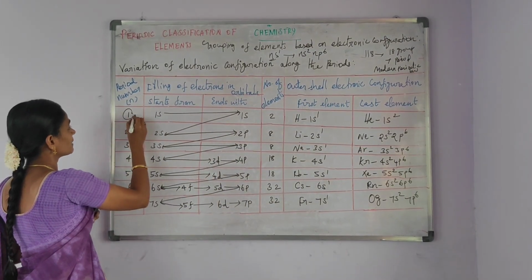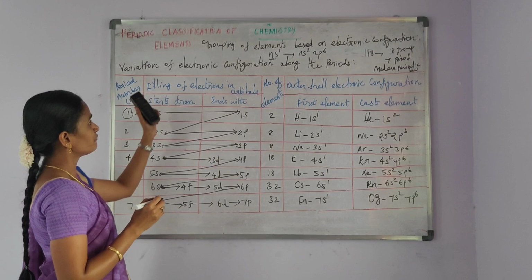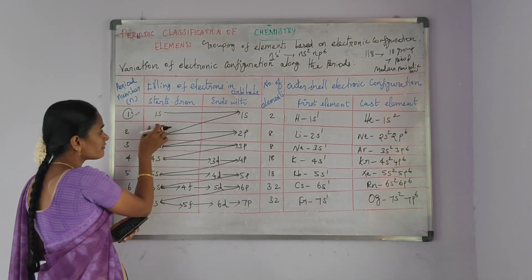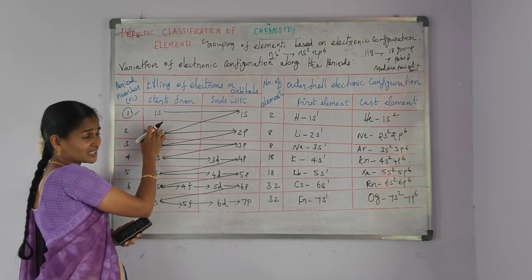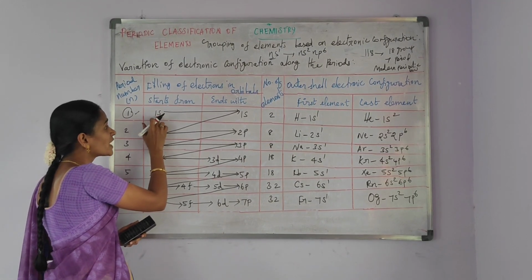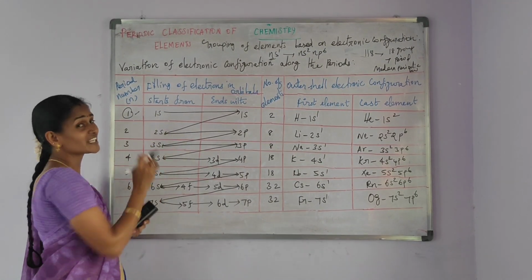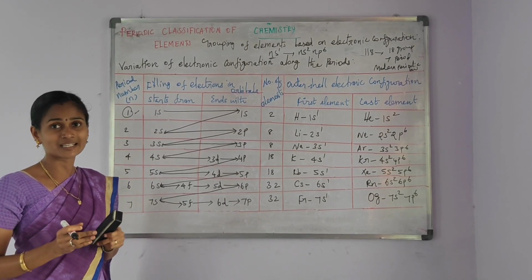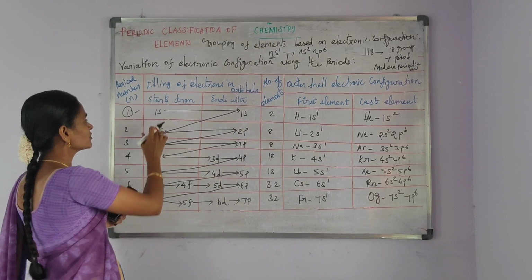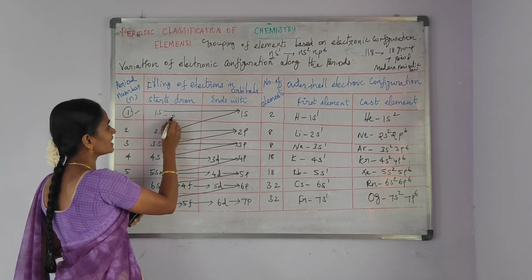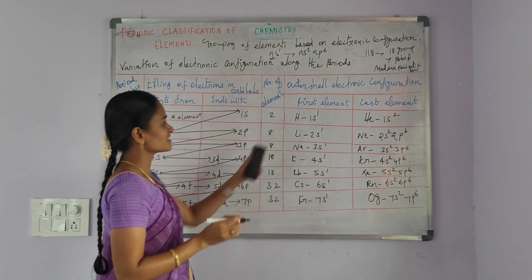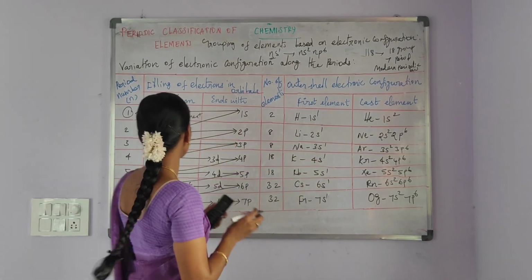So, period number, first period, filling of electrons in orbitals. In the first period, filling of electrons starts from the 1s orbital. The s orbital can accommodate only 2 electrons. So, the first period contains only 2 elements, hydrogen and helium.